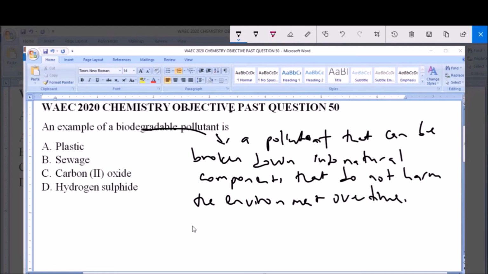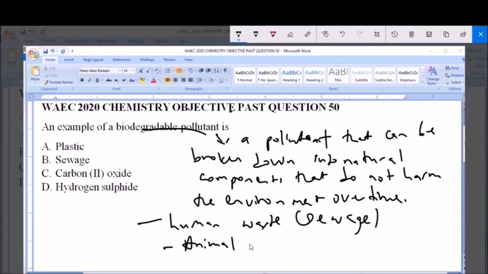And examples of biodegradable pollutants usually include human waste, that is sewage, and also animal waste, and also any other pollutants which can be broken down into natural components that do not harm the environment over time.